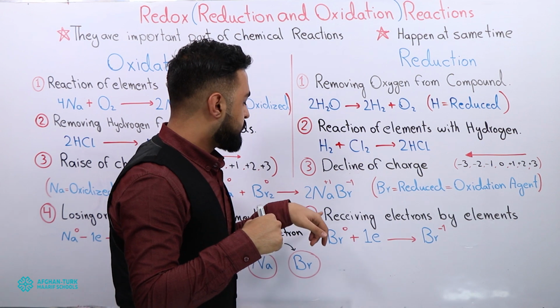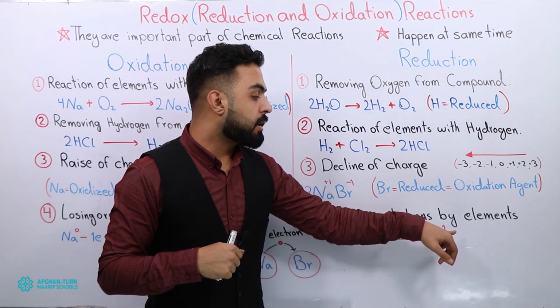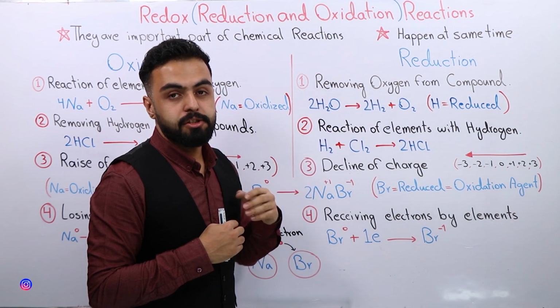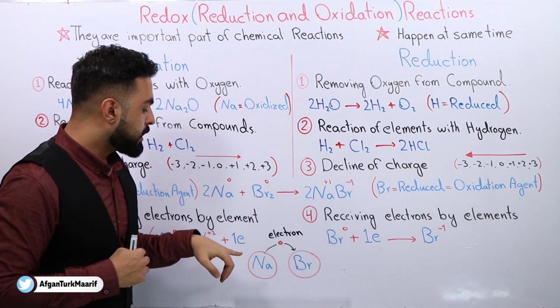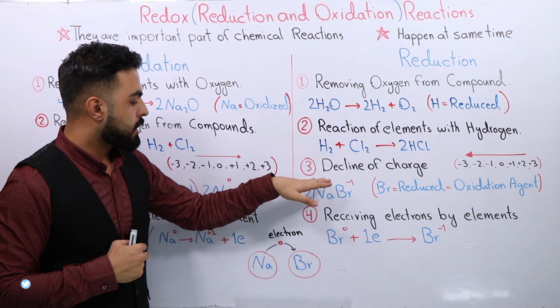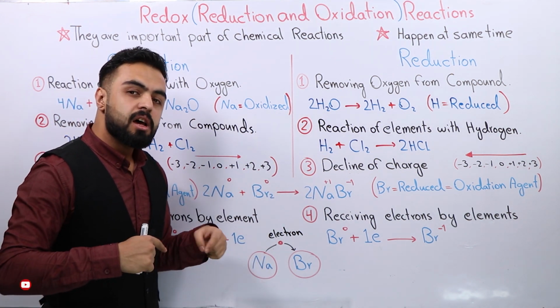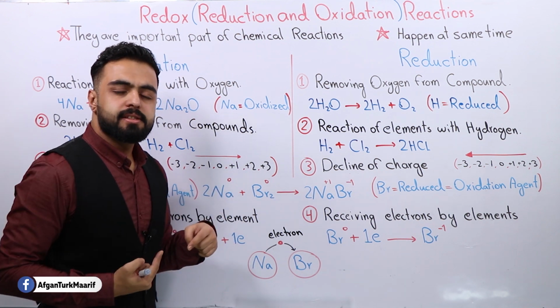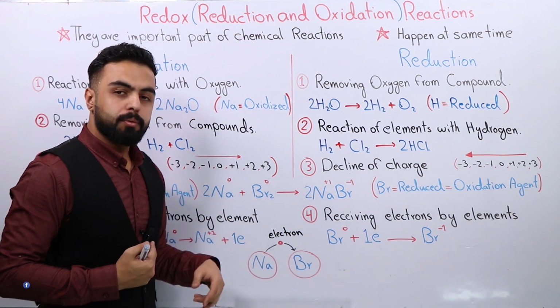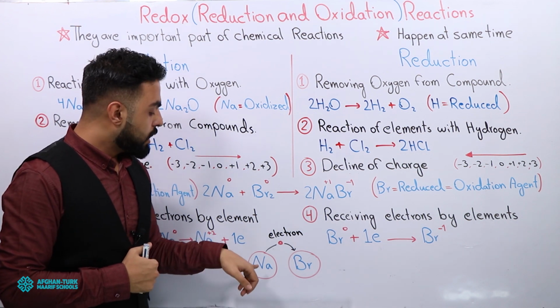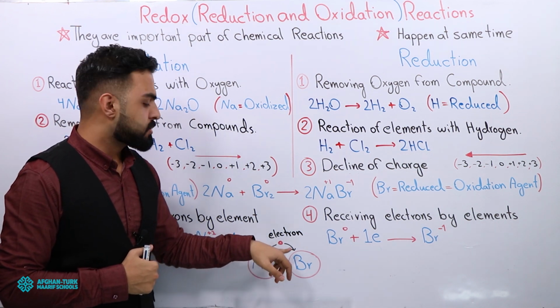And vice versa, receiving electrons by elements is called reduction. So here is an example. For the same example again, sodium has one electron at its last shell, and bromine has 7 and needs one more. So sodium gives its last electron to bromine.